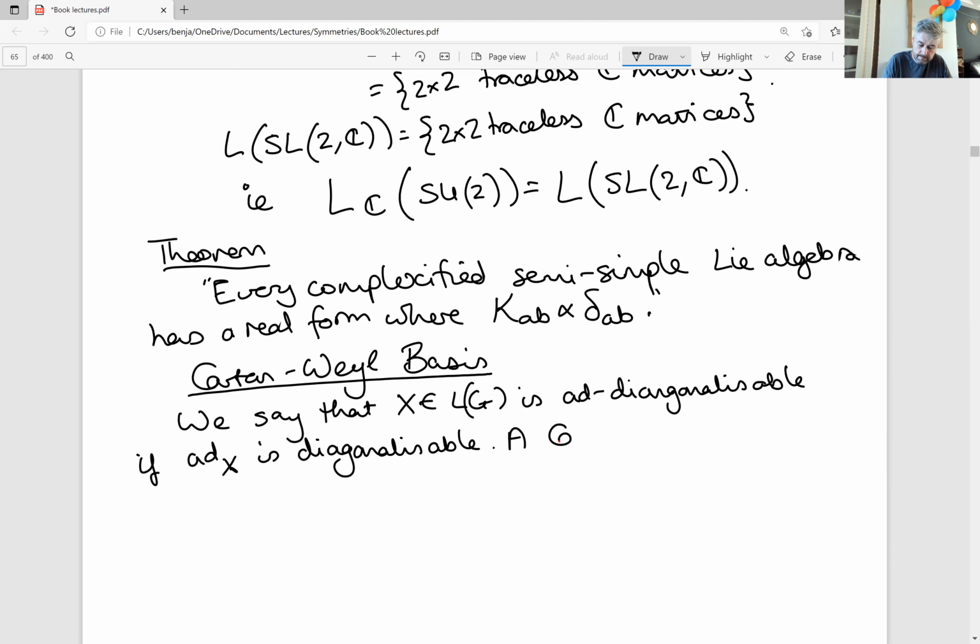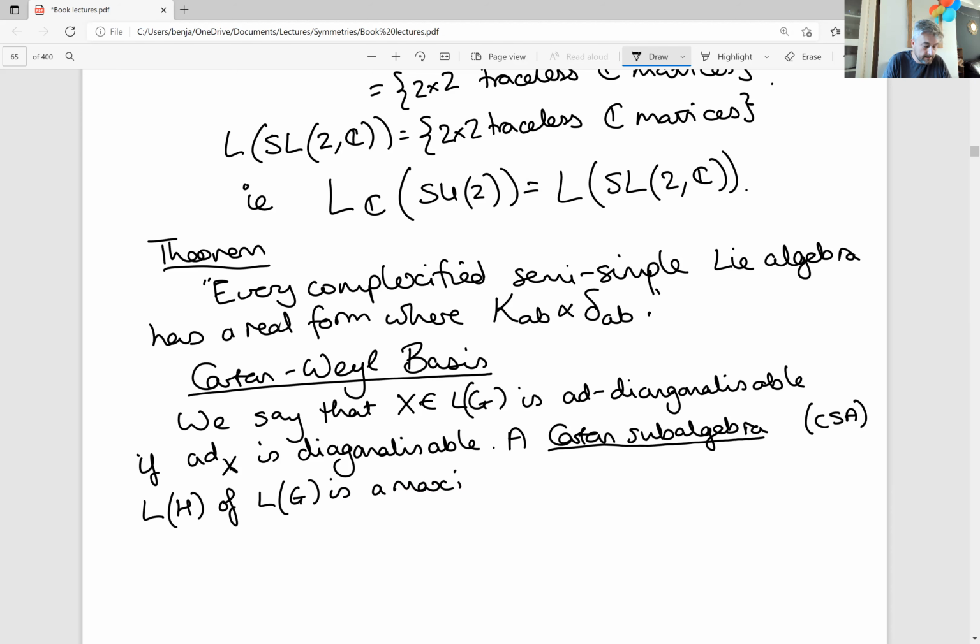So a Cartan subalgebra, it's a bit of a mouthful and it takes a long time to write, so I'm going to shorten this to CSA. So a Cartan subalgebra, L of H, is a subalgebra of the Lie algebra. This is a maximal abelian subalgebra, and it contains only ad-diagonalizable elements.